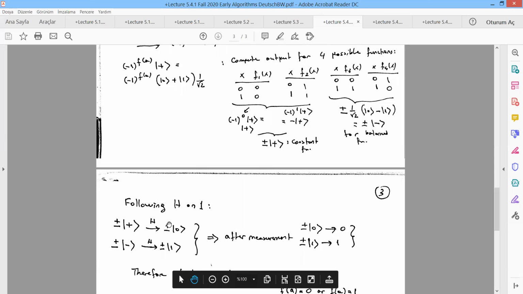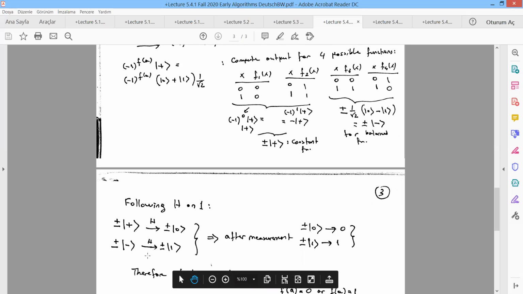So after the measurement, cat 0 state, if you do a measurement in the standard basis, cat 0 would be 0. So in the output, if you measure a 0, that means you have cat plus state.